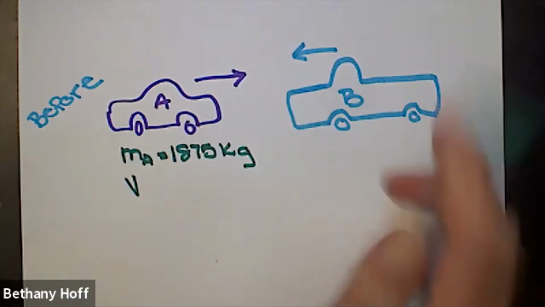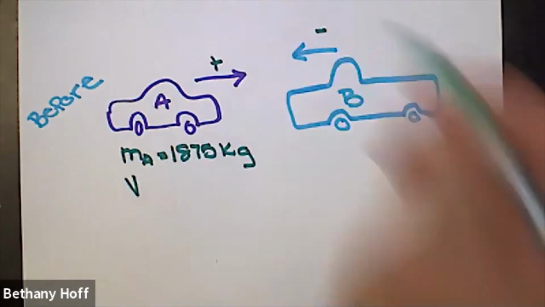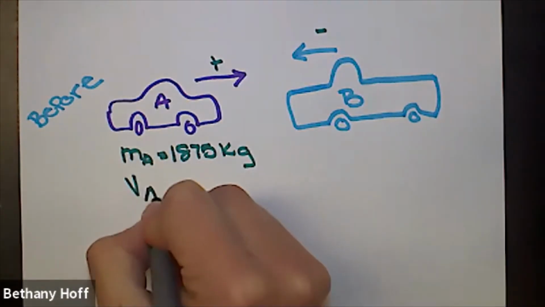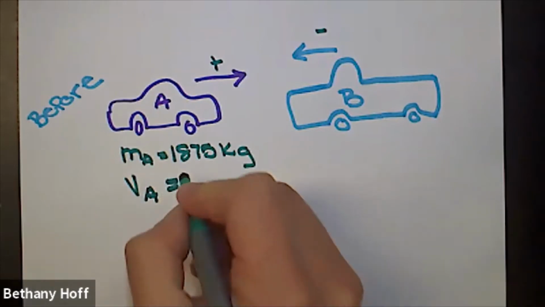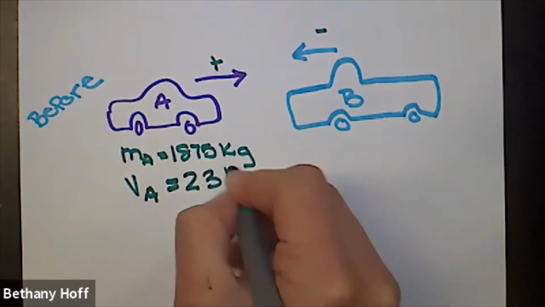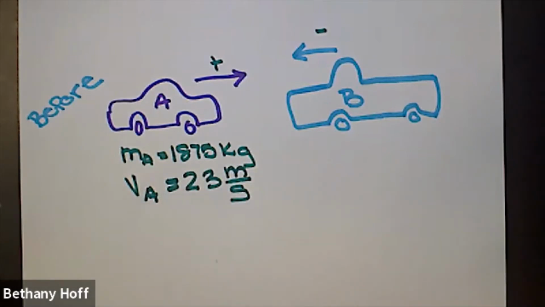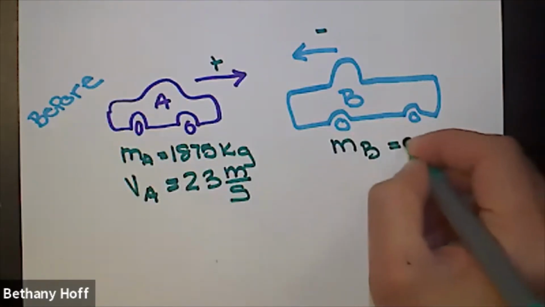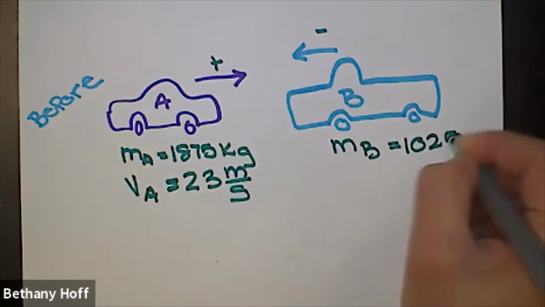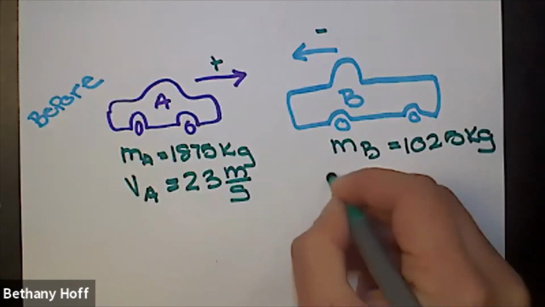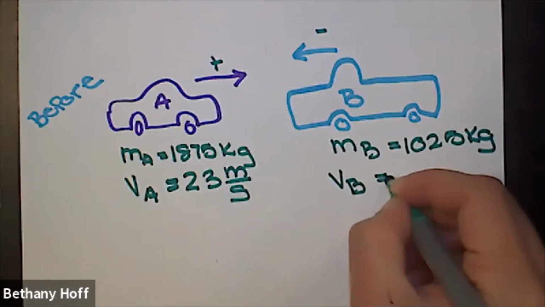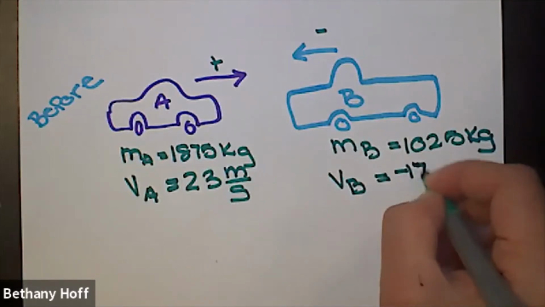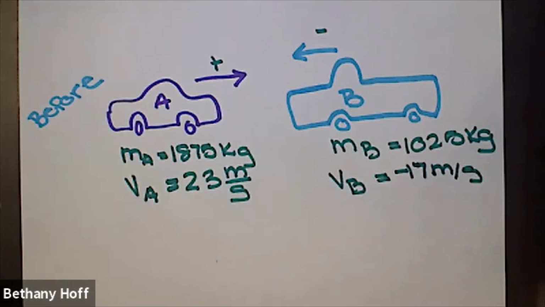Let's have this way be positive and this way be negative so that we identify our velocity vector correctly. So this is going to be a positive 23 meters per second. And then the mass of B is 1,025 kilograms, and the velocity of car B is negative 17 meters per second.